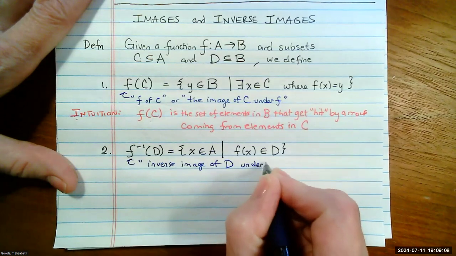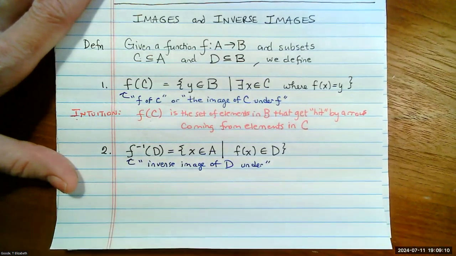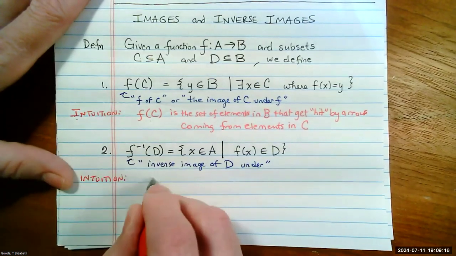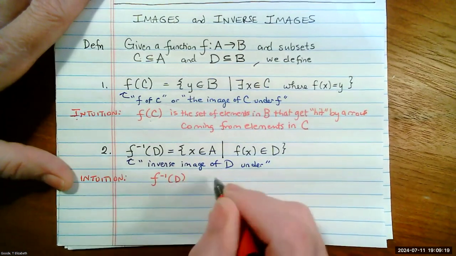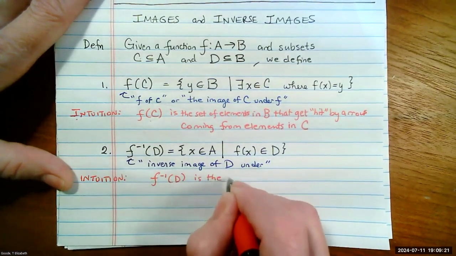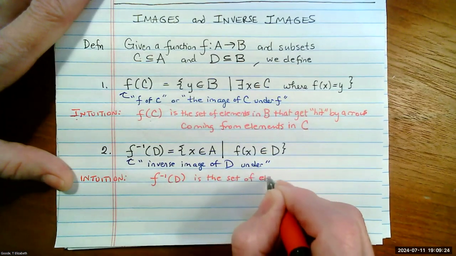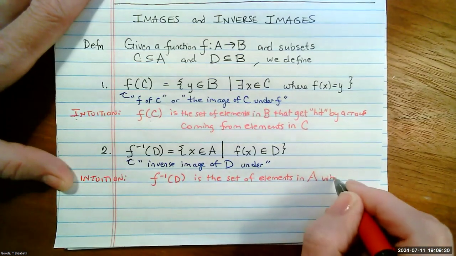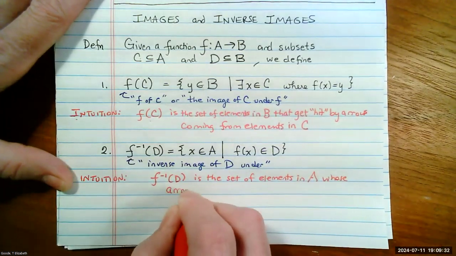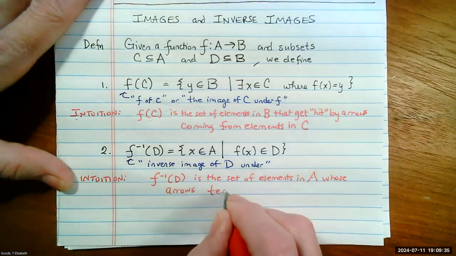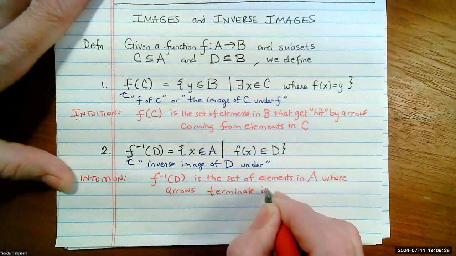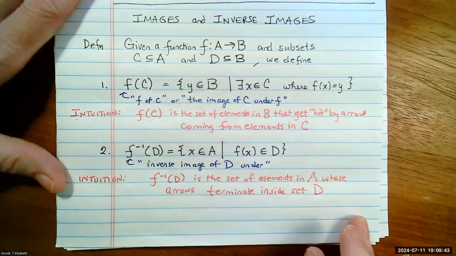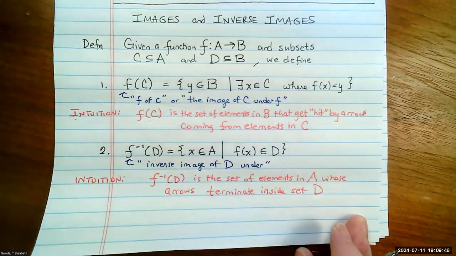We kind of run backwards along the arrows. And the intuition is nice to have here: f inverse of D is the set of elements in A, the domain, whose arrows terminate or end inside set D somewhere. They hit something in D. Okay? So let's give it a shot, shall we?